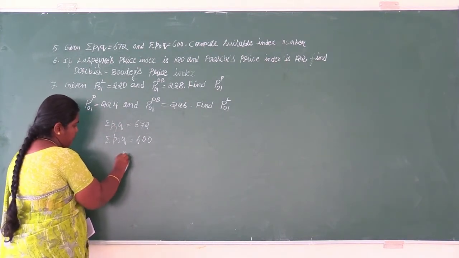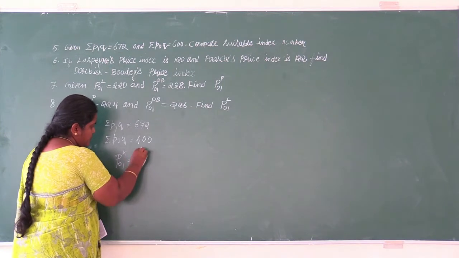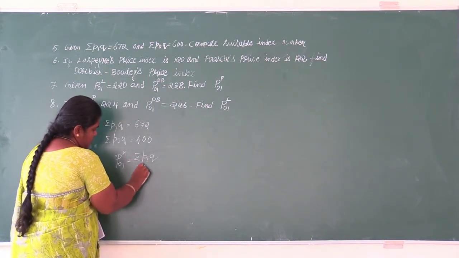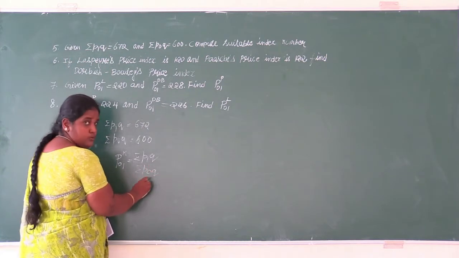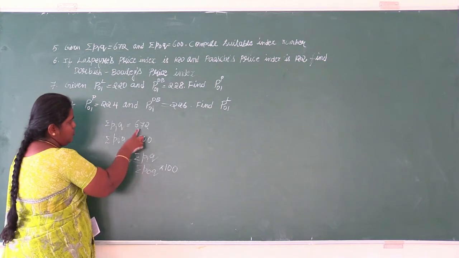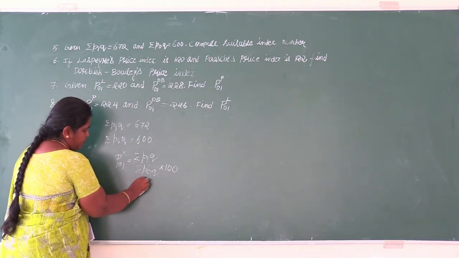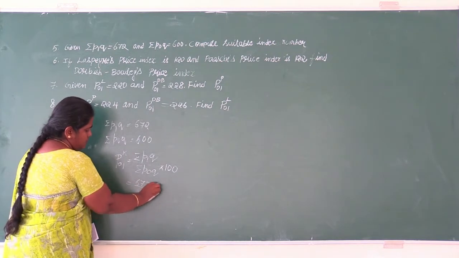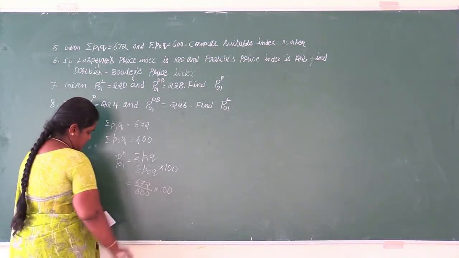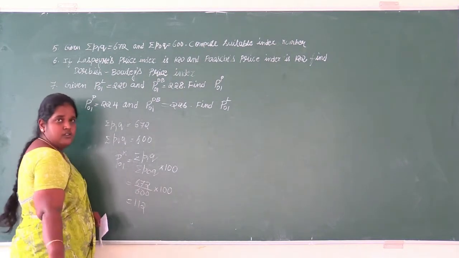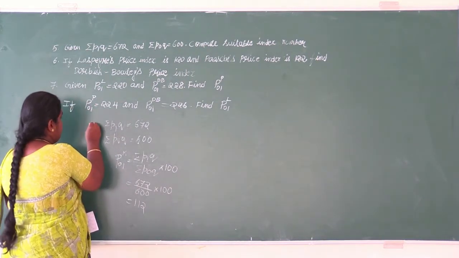So P01K equals sigma P1Q divided by sigma P0Q into 100. What is P1Q value? 672, and P0Q is 600. So 672 divided by 600 into 100 is 112. So this is regarding the 5th problem.